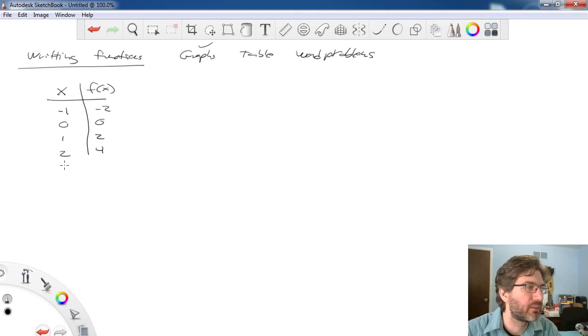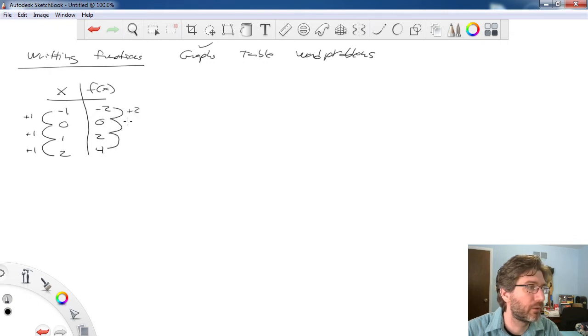And you can see as this is going up, going from -1 to 0, from 0 to 1, from 1 to 2, that I'm adding 1 each time. +1, +1, +1. The next number would be adding 1 more. And then you look at this side here, and this is jumping up by 2.